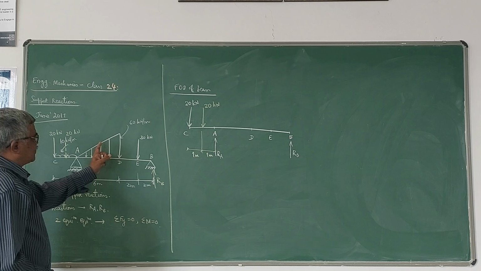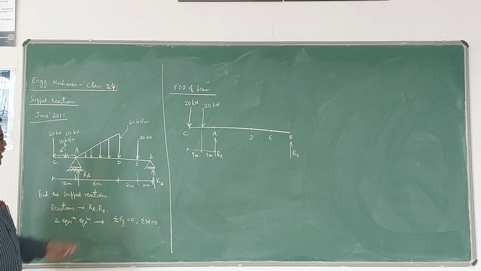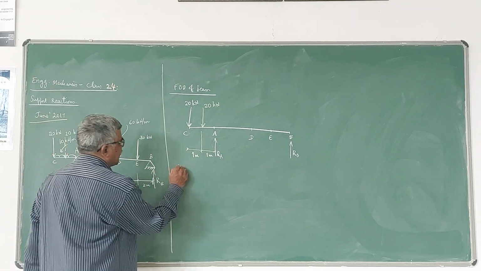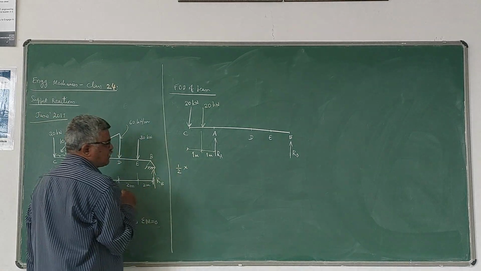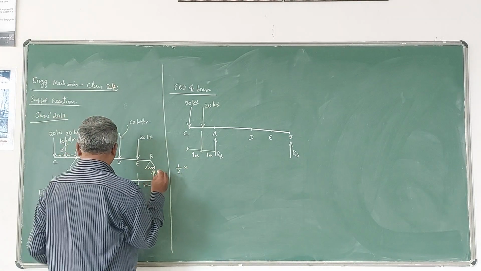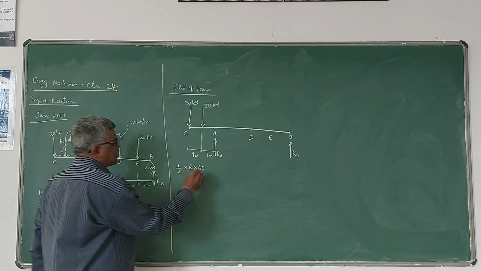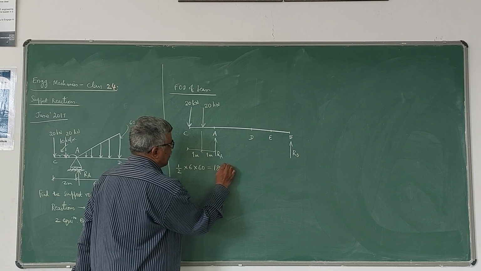Now this UVL, the triangle, you also have to convert into a concentrated load. Its concentrated load value is half into base into height, the area of the triangle. So it is half into 6 into 60, which is 180 kN.